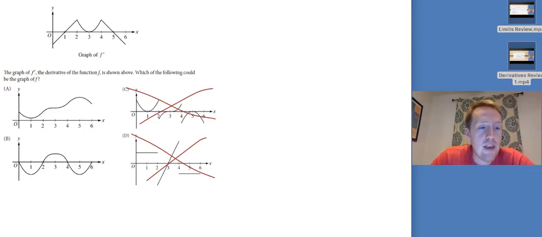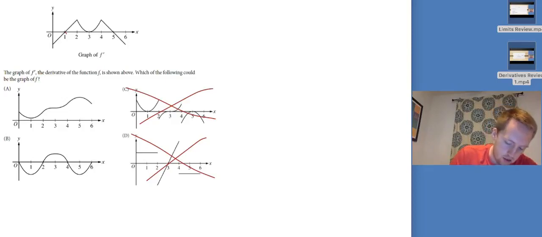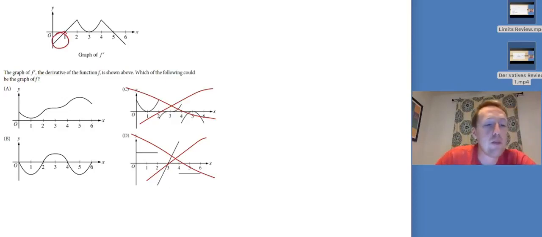Well, f prime is negative up until 1, so f should be decreasing until 1. Well, they both do that. From 1 to 3, in fact, f prime is positive, so it should be increasing. They both do that too. From 3 to 5, f prime is still positive, so f should still be increasing.